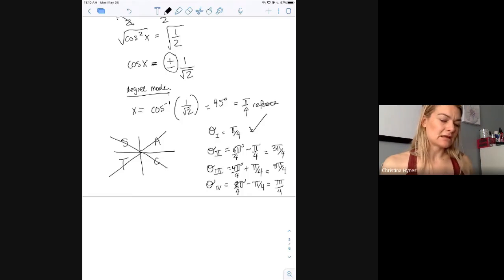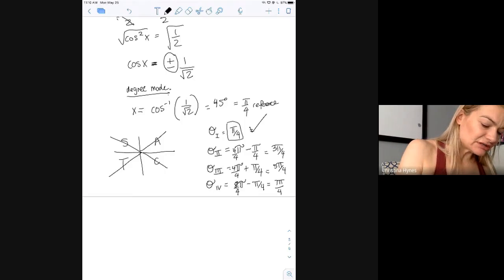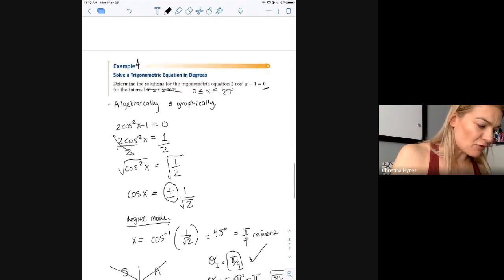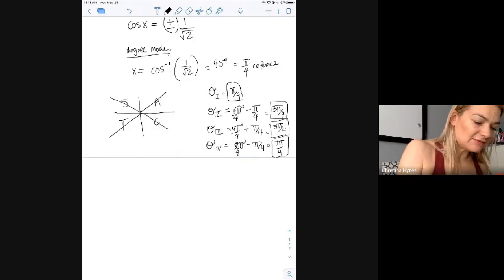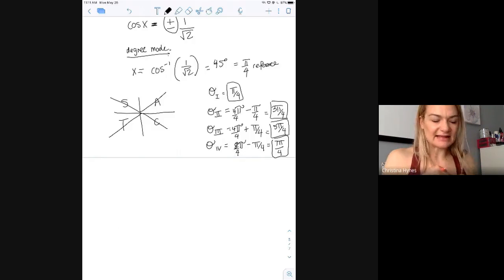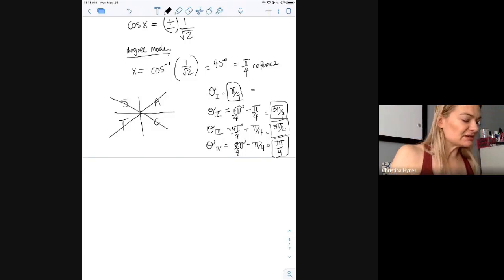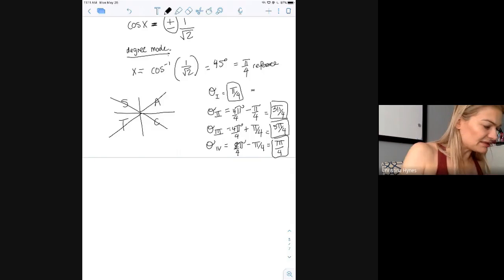Okay. So once you have these answers, what I like to do now, because it doesn't tell me that I want exact answers, but I just think it's better. It's always better if you can. So I'm going to leave those answers. Those are going to be my actual answers. But because I'm going to do this now graphically, and to compare my answer, I'm going to convert these to decimal form.